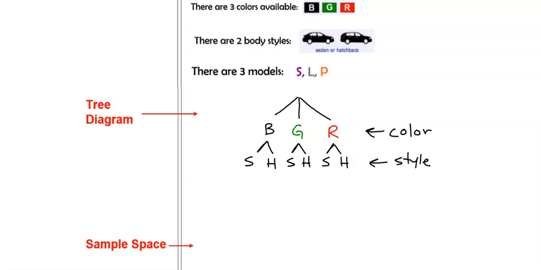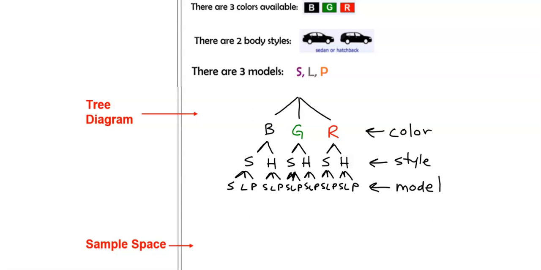And then this last one is going to be the model. And we got to write small for the model here. So each of them is going to get three different models. Whoops, got kind of weird. Okay, so we could have S or L or P. That is our model.